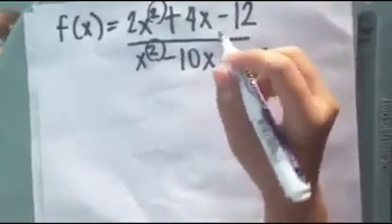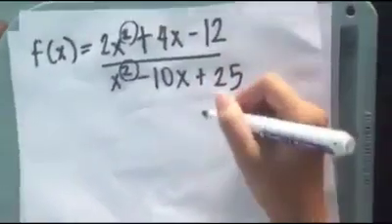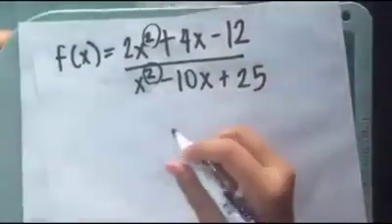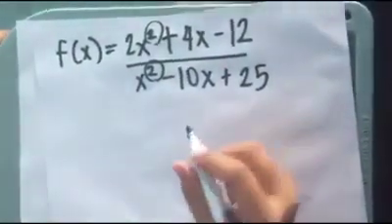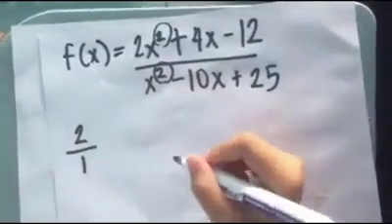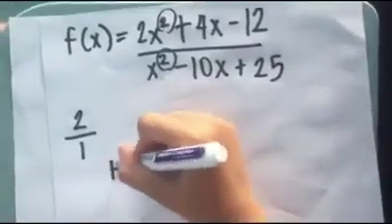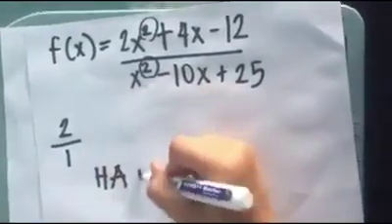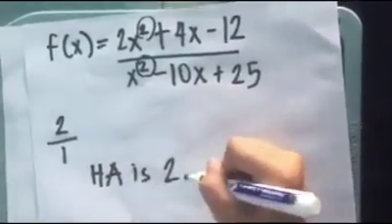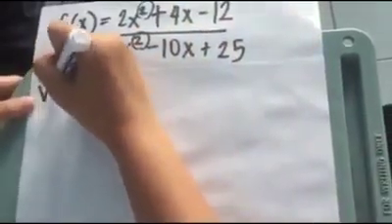To find the horizontal asymptote in this rational function, get the leading coefficient of the numerator and denominator. So we have 2 over 1. Then simplify, so our horizontal asymptote is 2.